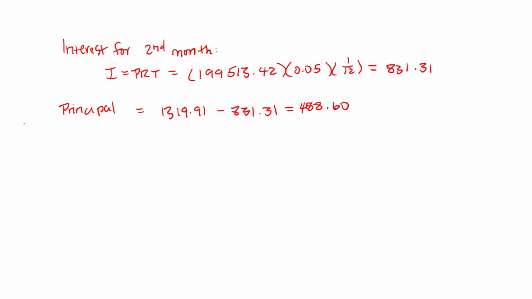Okay. And then we want to find the loan balance. We'll take the loan balance that we started the month out with, and we'll subtract the principal to get our new loan balance for month 3.